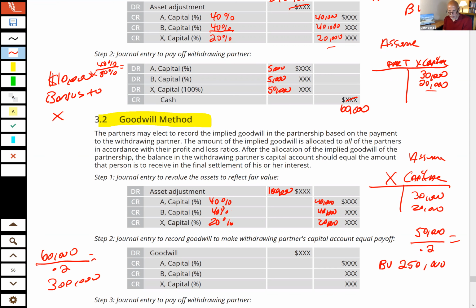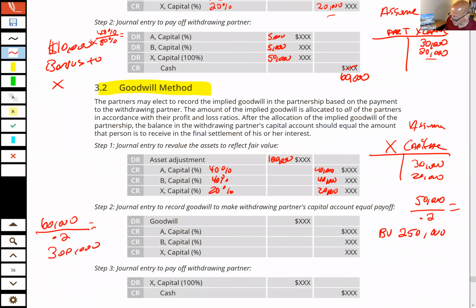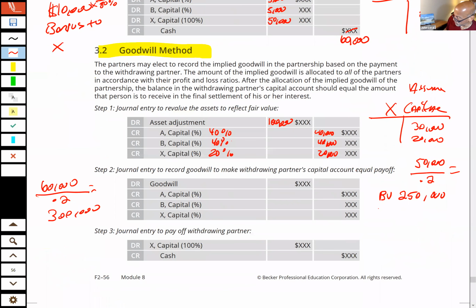If they're going to kick him out at 60,000 under the Goodwill method. So if we had said book value is 250, but we're really saying that the market value of this whole thing is 300,000 because we're going to give him 60,000 to get him out, that means that we have goodwill of 50,000, don't we?